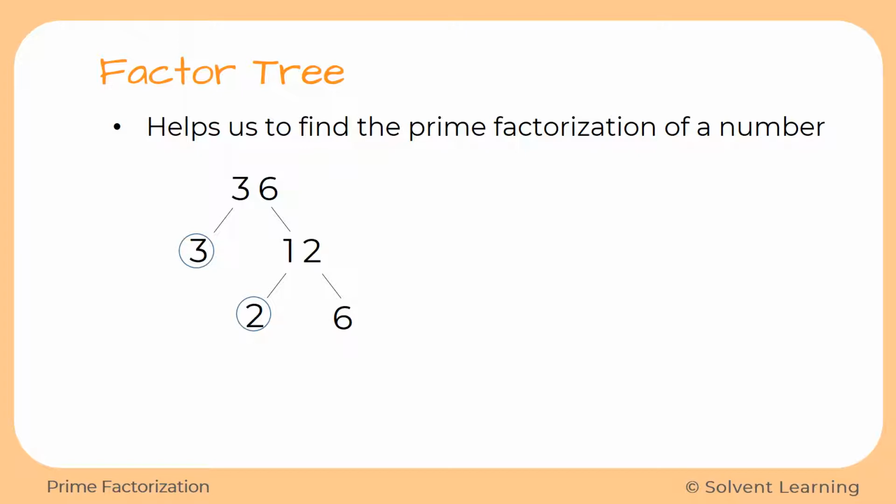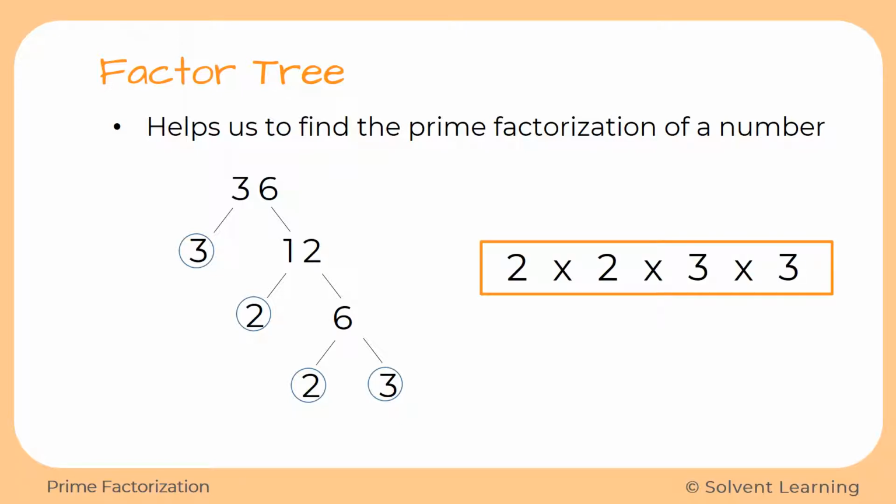And then I'll look at the number 6. 6 can be factored into 2 times 3. And both of those numbers are prime, so we can't go any further. We have prime numbers at the end of all of our little tree branches, so we're finished. So now all we have to do is show all of the numbers that we circled written as being multiplied together.